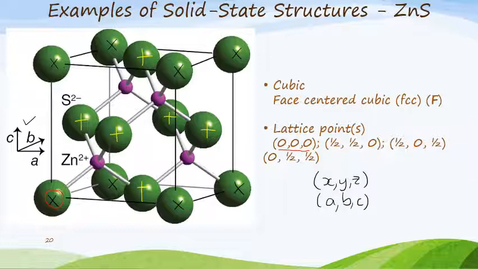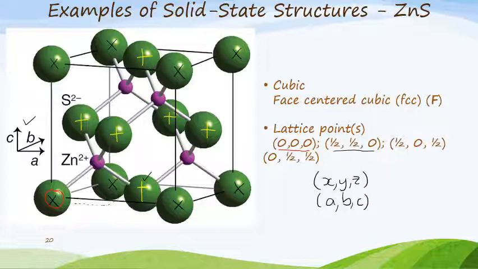So if we go 1/2 to the right in the A direction, and then we go 1/2 back, we end up at this atom over here. Okay, so that is the 1/2, 1/2, 0 atom position.